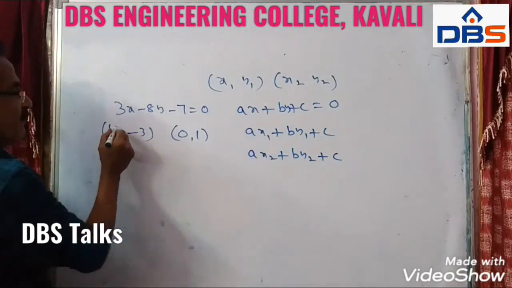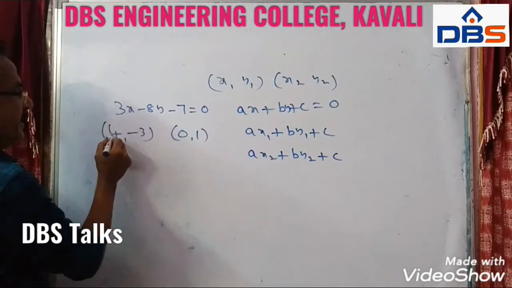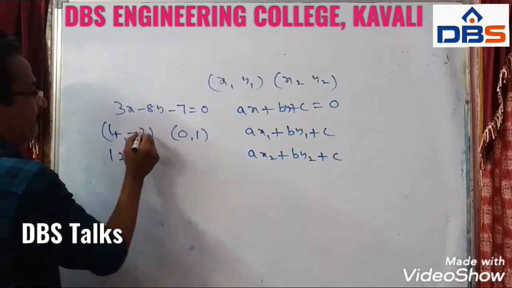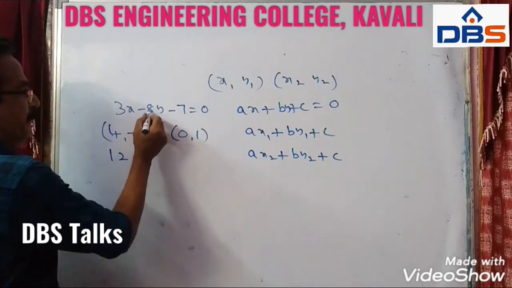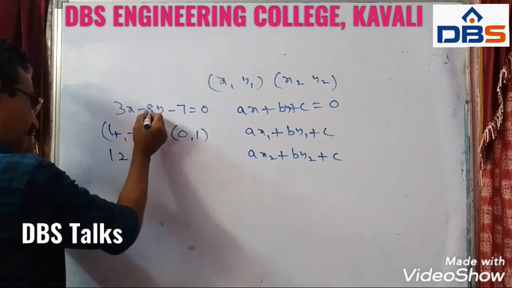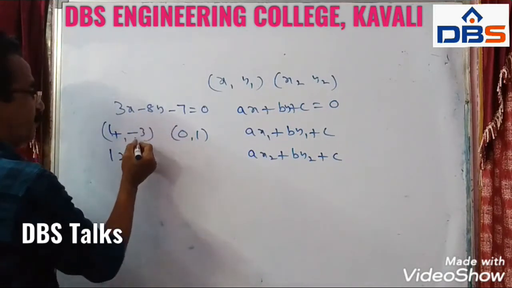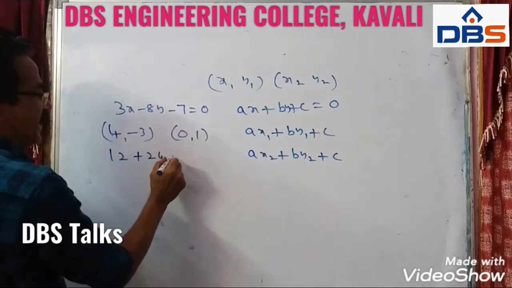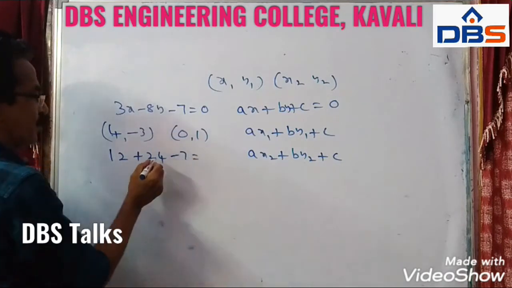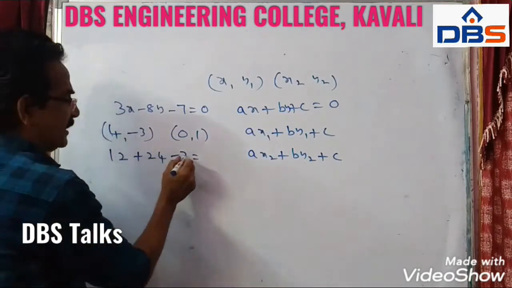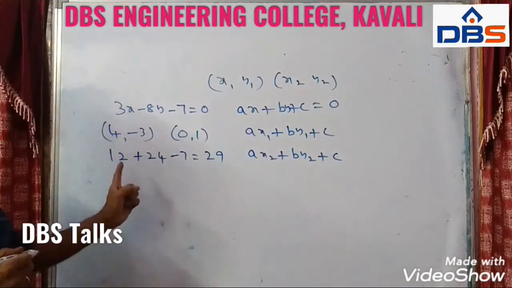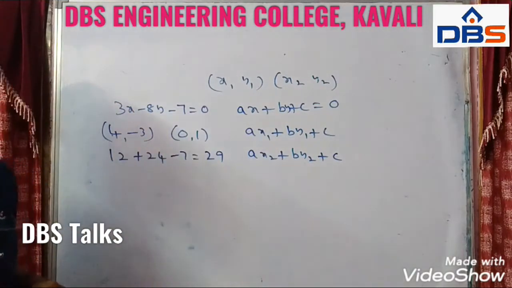So ax1 plus by1 plus c: 3 into 4 is 12, minus 8 into minus 3 is plus 24, minus 7. This is equal to 24 plus 12, 36, minus 7, 29. So the first one is positive.